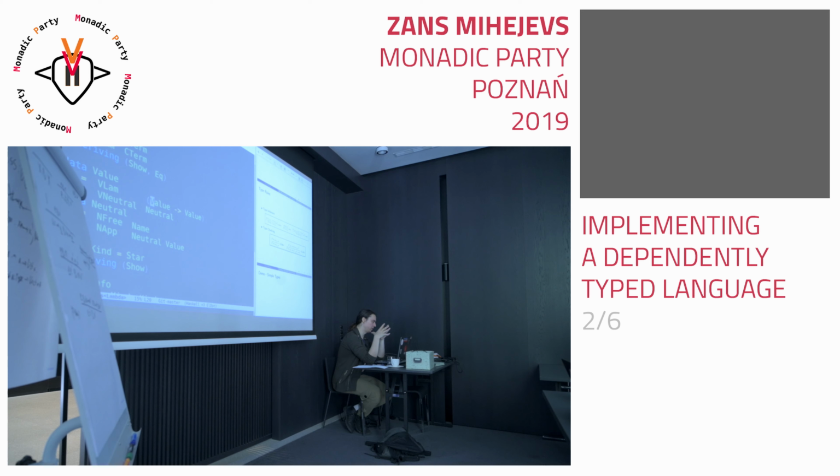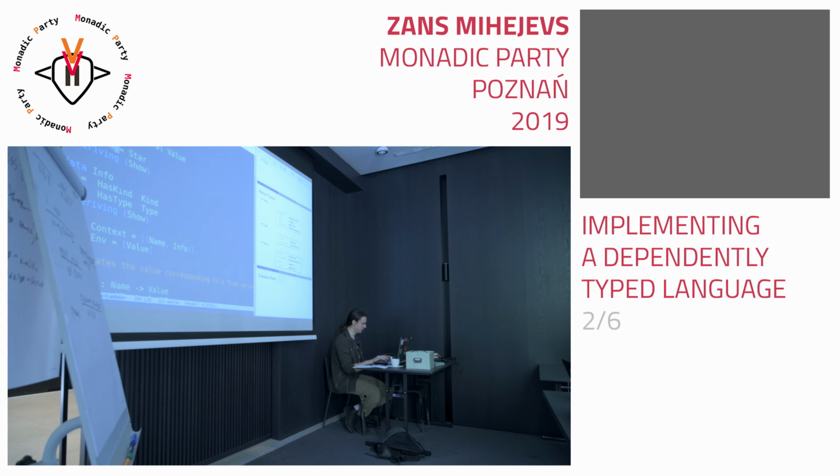So there's a special function for quoting, which I will show later, that will translate this term into a showable representation. And we have the neutral values here, which pretty much match exactly the syntax for the neutral values. You can see it here, and you can see it here. Pretty much the same thing.